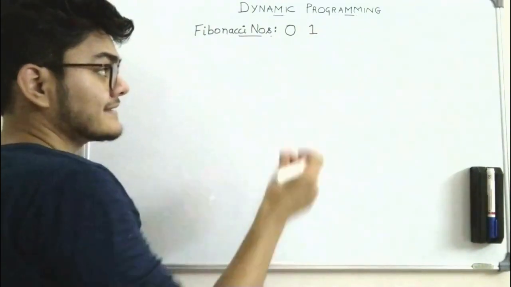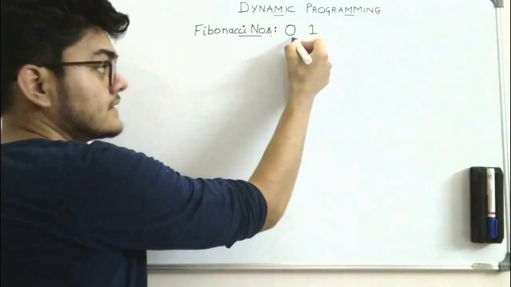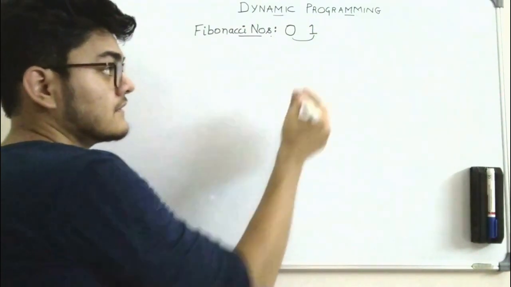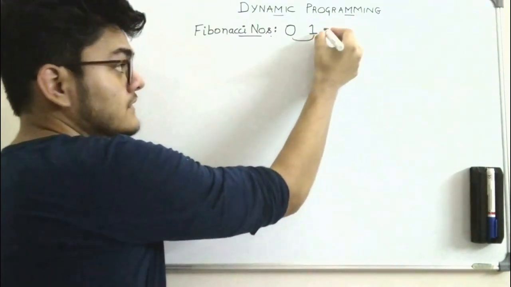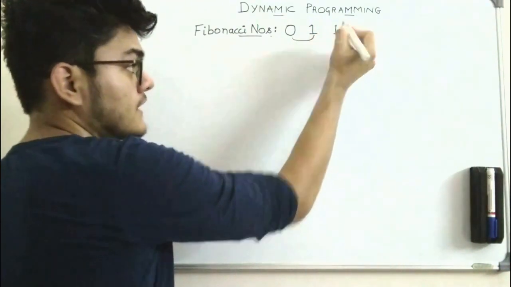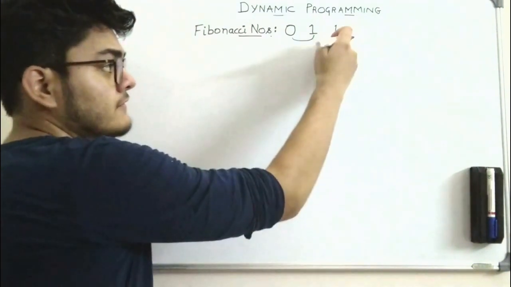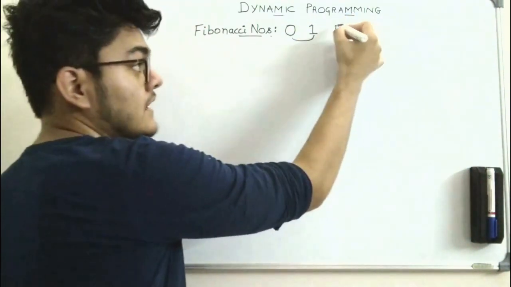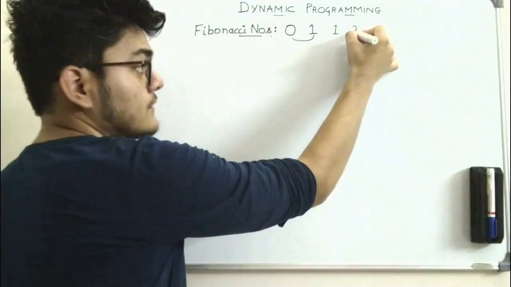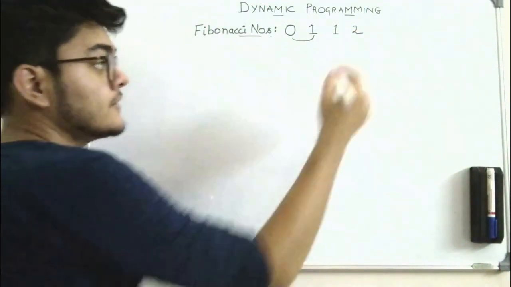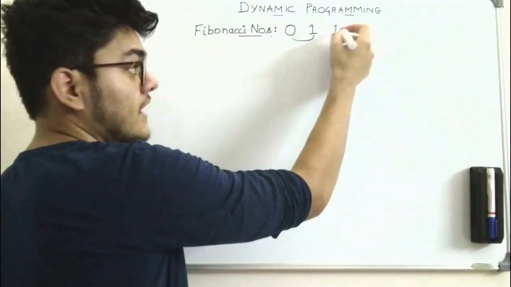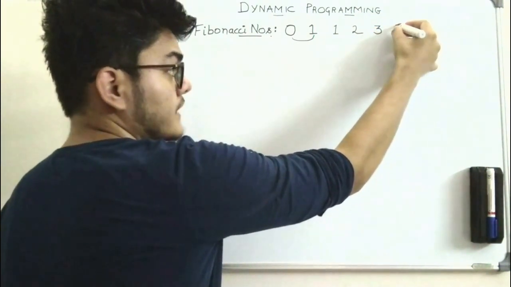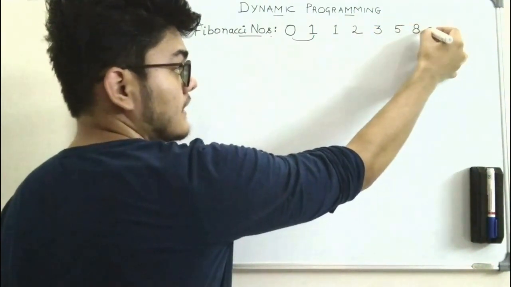The third number is calculated by adding the previous two numbers, right? So when we add these two numbers, we get 1 here. To calculate the next number, we add the previous two numbers, 1 plus 1 equals 2. To calculate the next number, we calculate 2 plus 1, which is 3. And this series goes on and on like this.